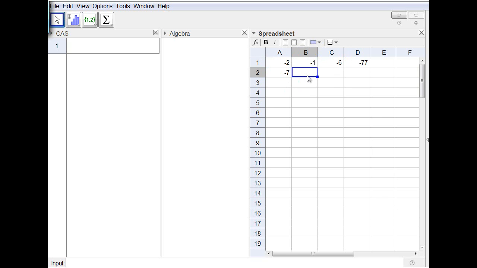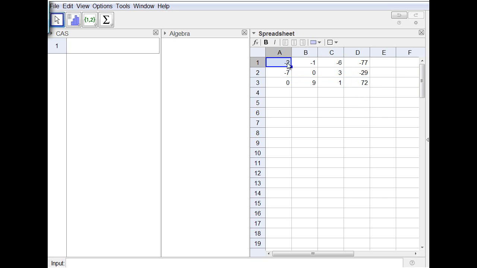Y is missing. 3, positive 3, and -29. Okay. X is missing, and the third equation, positive 9 Y, 1C. And the answer on the right hand side is positive 72.